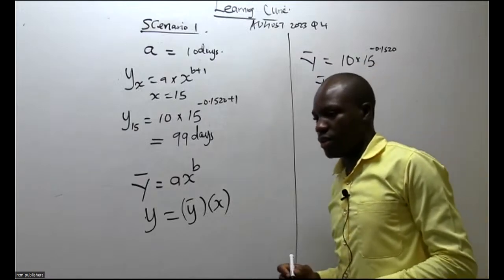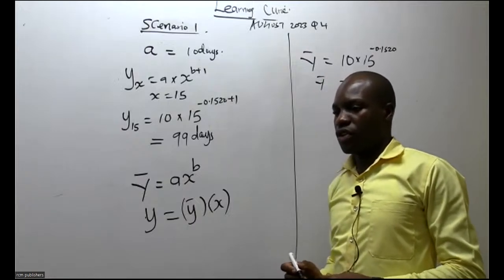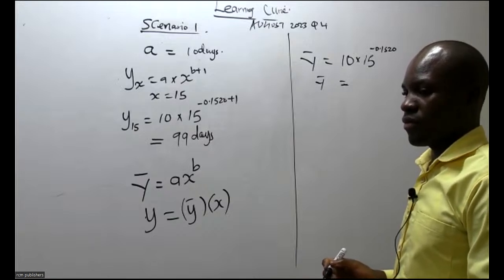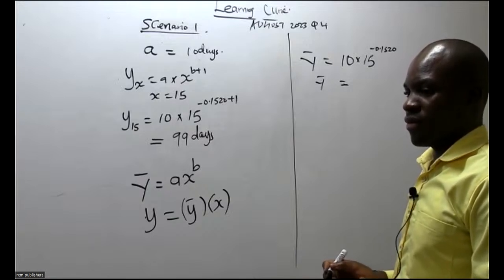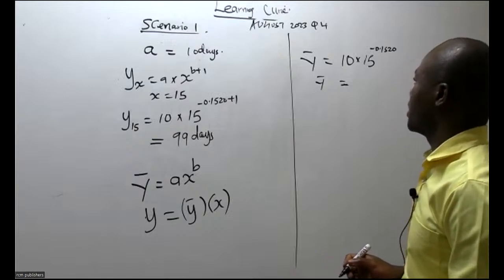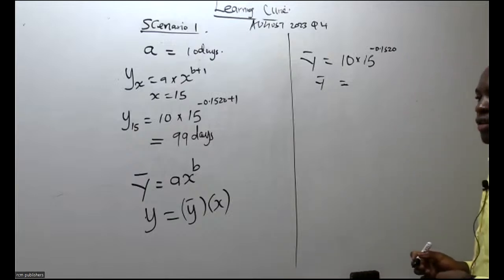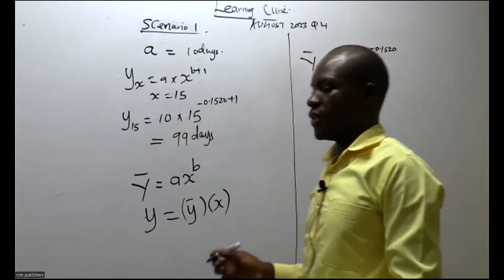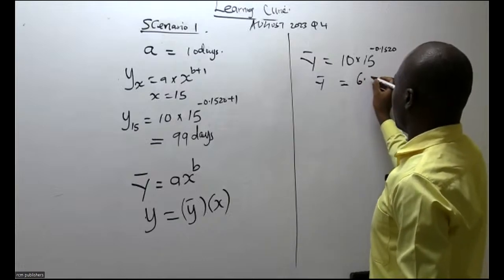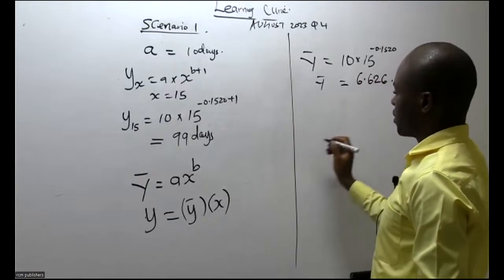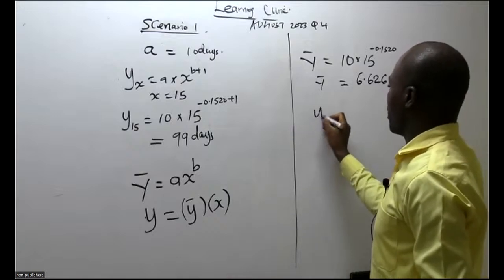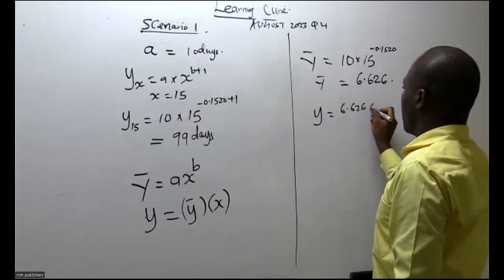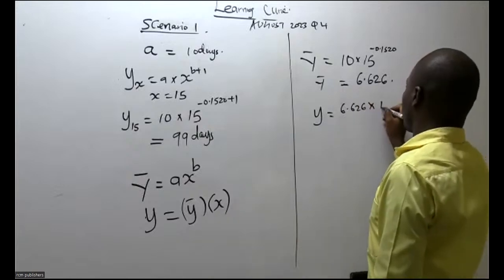Time is not on our side. 6.626. Give us the value of Y, which is equivalent to the average, 6.626 multiplied by X, which is 15.